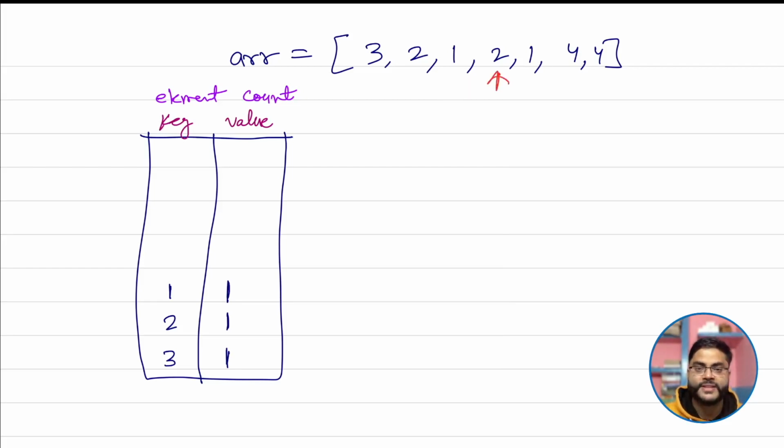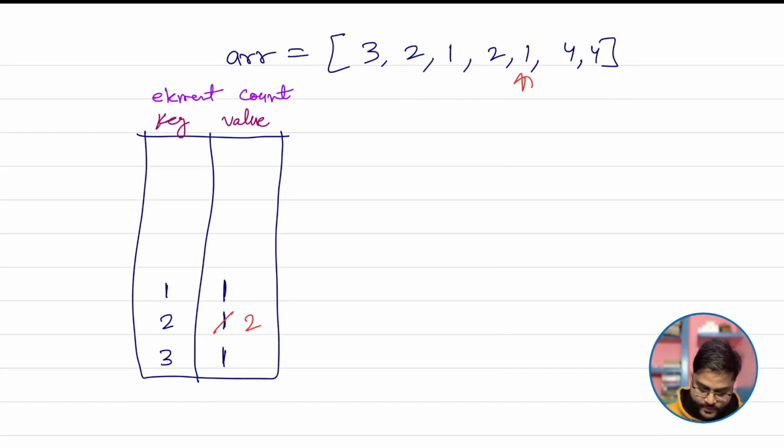2. 2 is there in our map, so increment its count. Now move forward. 1. 1 is there in our map, so increment count. Move forward. 4. 4 is not there in our map, so store 4 with its count. Move forward.